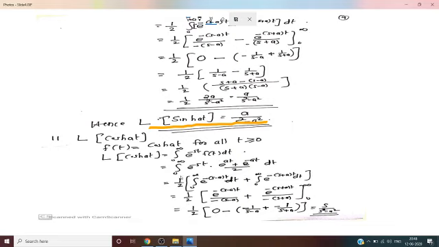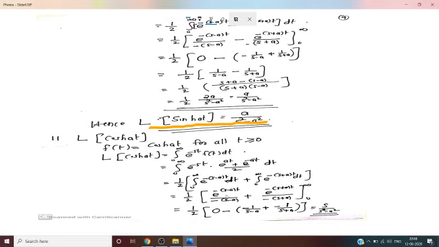That is written as 1 by 2 into integral 0 to infinity e raised to minus of s minus a into t dt plus integral 0 to infinity e raised to minus of s plus a into t dt. That is equal to 1 by 2 into integrating, we get e raised to minus of s minus a into t divided by minus of s minus a plus e raised to minus of s plus a into t by minus of s plus a, and limits are from 0 to infinity.